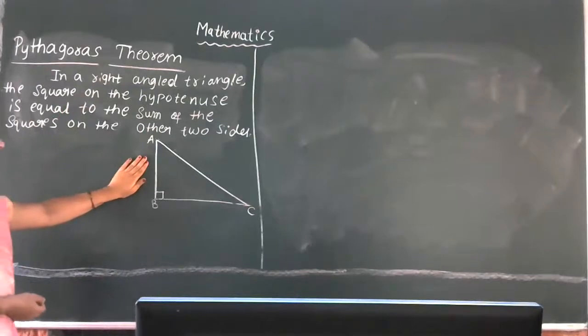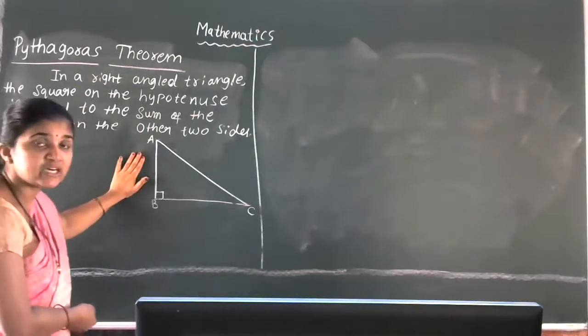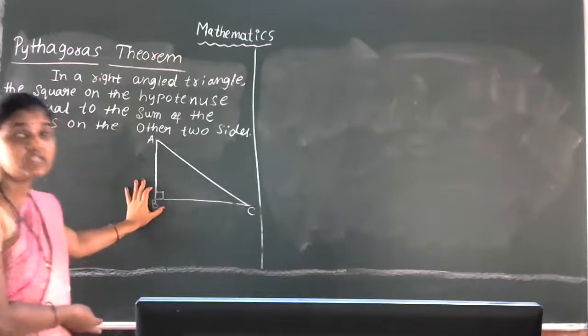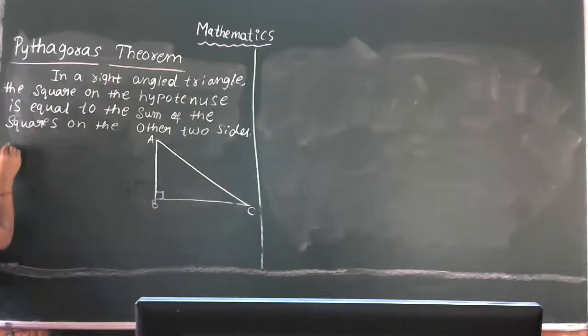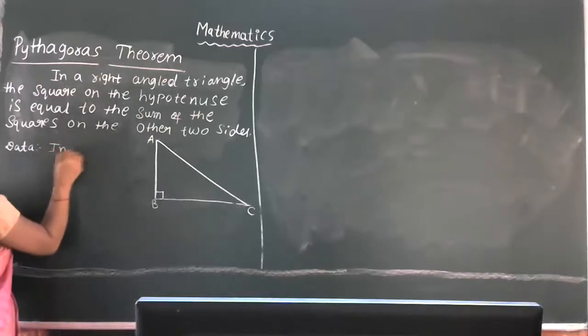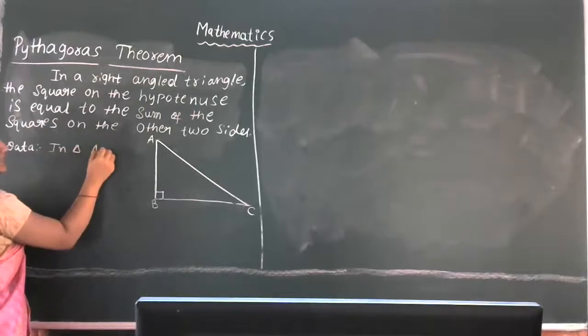Then, in the second step, we compare the same triangle ABC with triangle BDC. That is the second result. Then we take the first and second results to prove that AC square is equal to AB square plus BC square. So we'll start with the first procedure now.